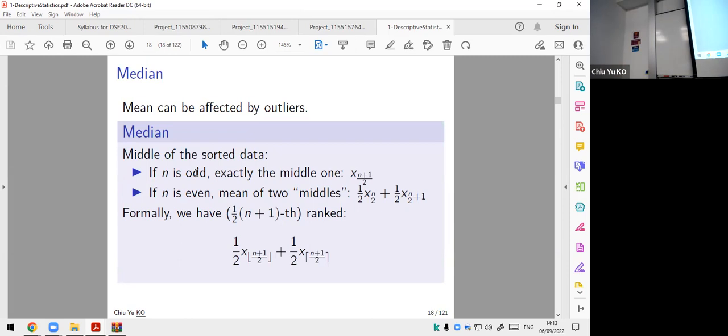If you have 3 data points, the second one is exactly the middle. If you have 5 data points, the third one is the middle. The question is, if there's an even number of data, say 4 observations, what's the middle? It will be the average of the second and the third one. We take a simple average of the second and the third.